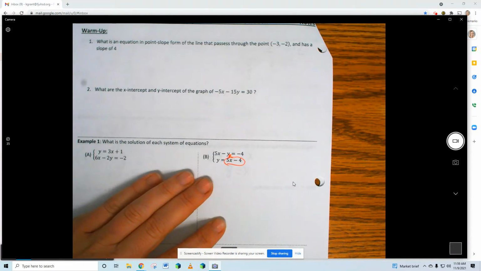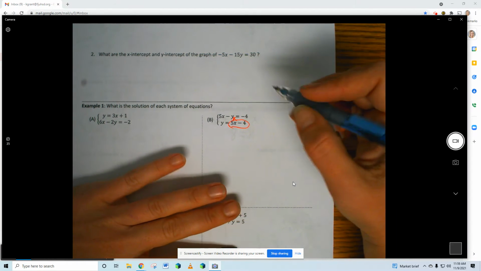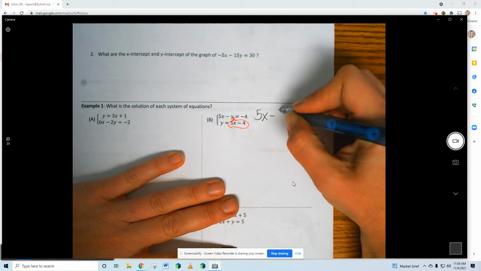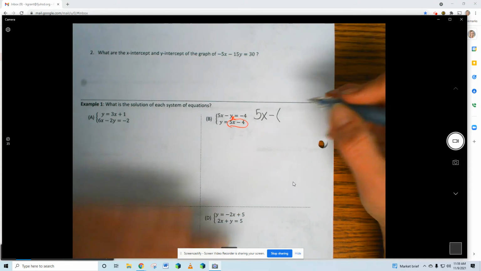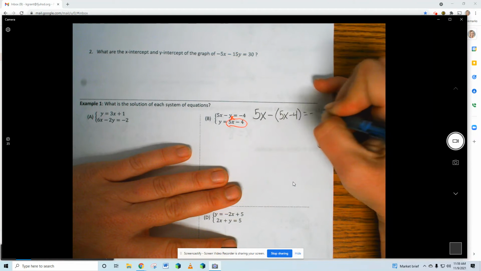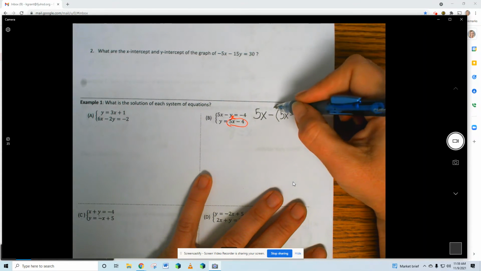I'm doing B. This was on 4.2b, number B. So I'm going to have the top equation, 5x minus, since it's a binomial, I'm going to put it in parentheses. And then you distribute.